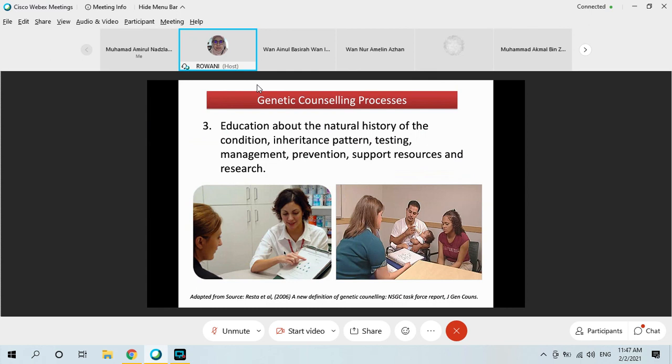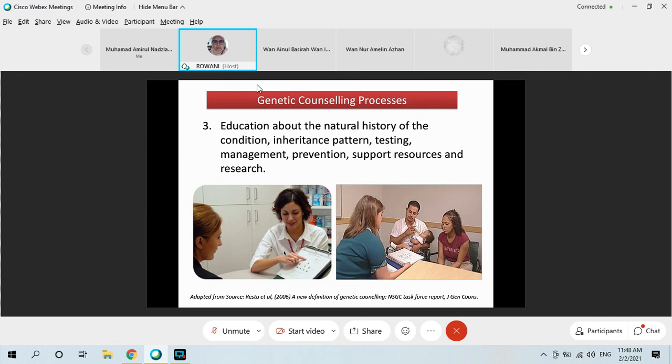Apart from education about the natural history of the condition and the inheritance pattern, and what sort of testing can be offered, and how to manage and how to prevent the disease, you also provide them information on the available resources to support them, and you discuss with them the ongoing research related to the disease.